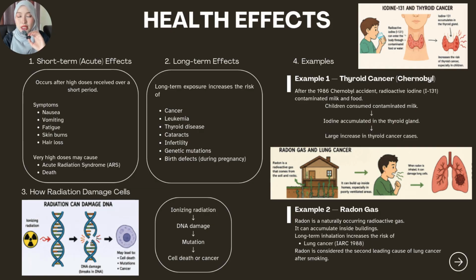This happens because ionizing radiation can damage the DNA inside our cells, which may lead to mutations or uncontrolled cell growth. One well-known example is the Chernobyl accident, where children developed thyroid cancer after consuming food contaminated with iodine-131. Another example is radon gas, a naturally occurring radioactive gas that can increase the risk of lung cancer after long-term exposure. Overall, these examples show why proper radiation safety and environmental monitoring are very important.